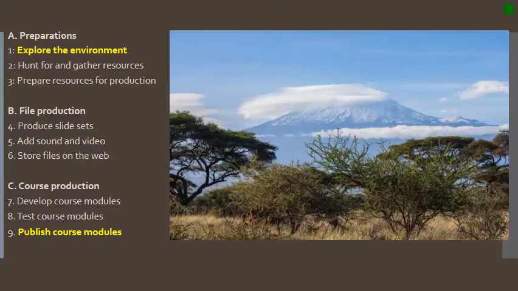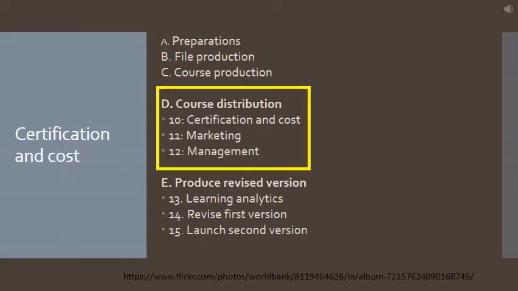Each stage is divided into 3 steps. Stage A starts with exploration of the information environment. What is already available? Stage C ends with publication of the course modules that the team or the teacher has developed. We come back to the details in a couple of minutes.